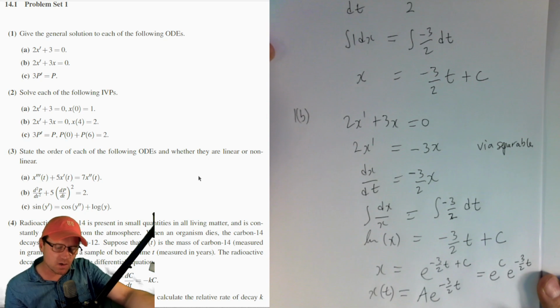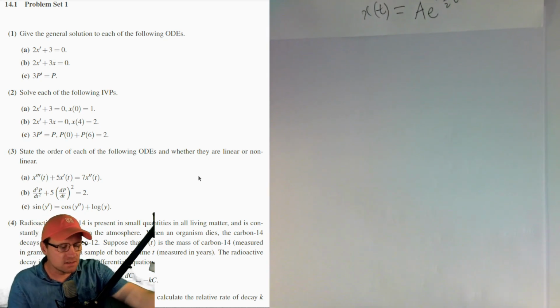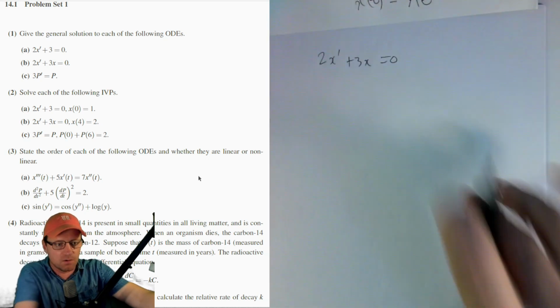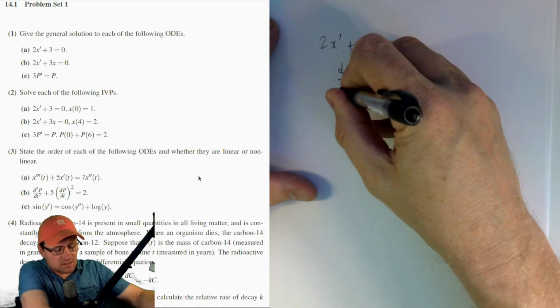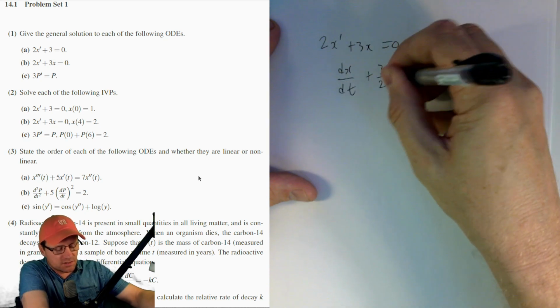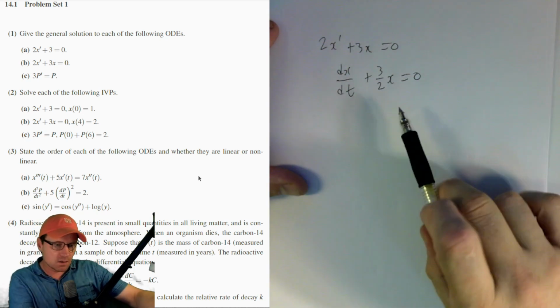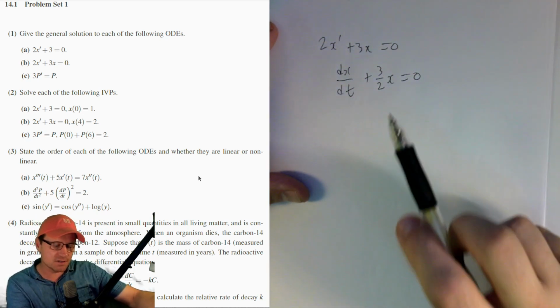It's also a linear equation, so let's also solve this using methods for linear equations. We have 2x' + 3x = 0, and dividing throughout by 2, we have dx/dt + 3/2 x = 0. Now, x is the dependent variable, and we have this in the form to recognize it as a linear differential equation.